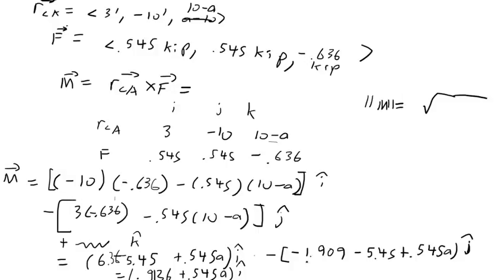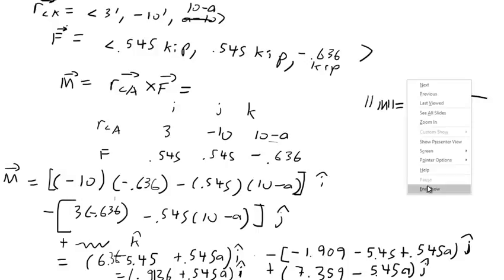So this is negative 0.636 minus 5.45. So this ends up coming to, this will be negative and then a positive 7.359 minus 5.45a times j. Like this.